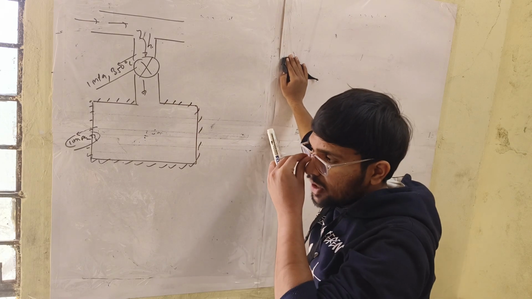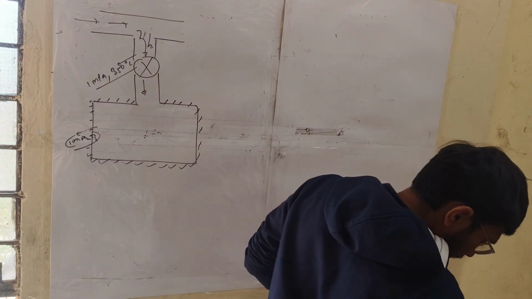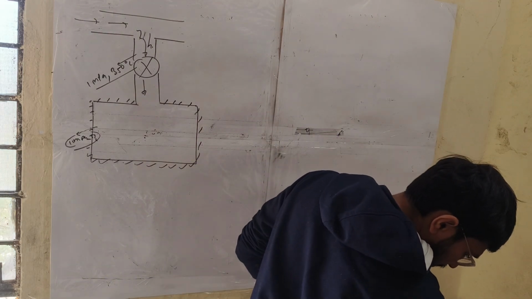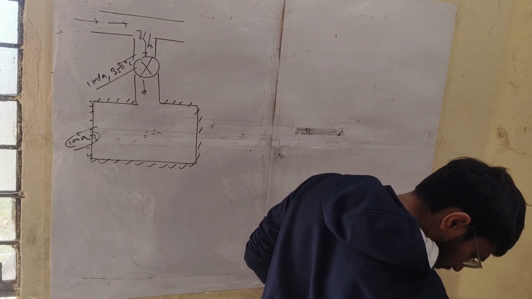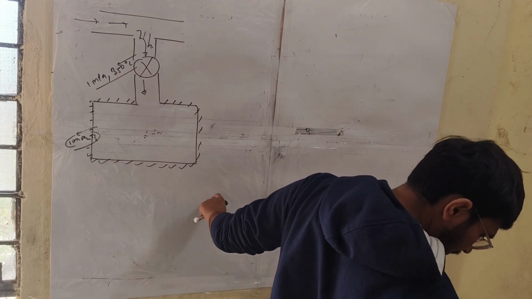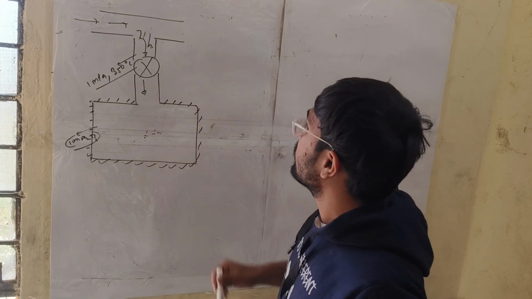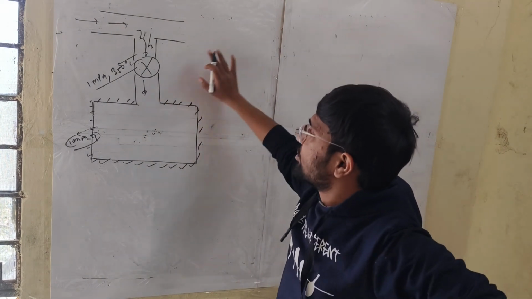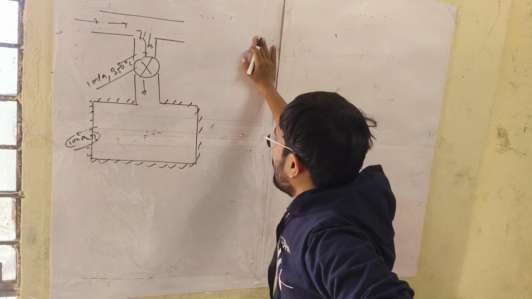How do you use unsteady flow to solve this thermodynamic problem? We will solve two or three questions in this class, but first we complete this question. This question is based on unsteady flow.